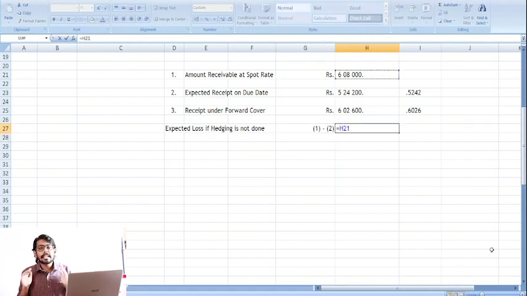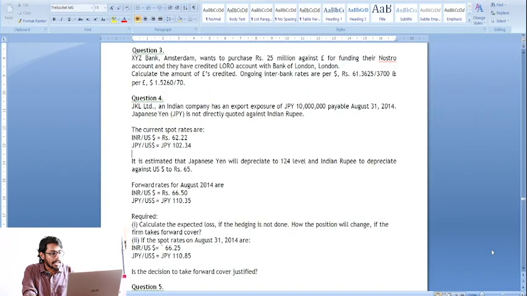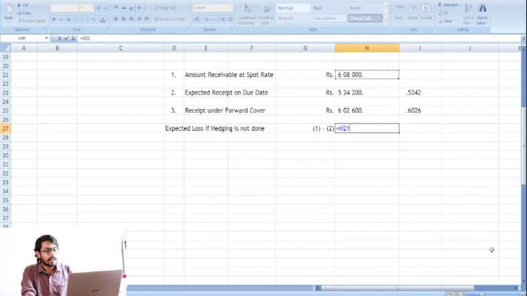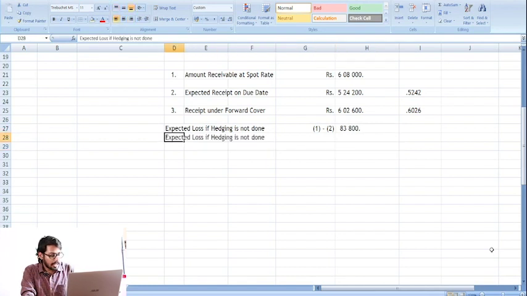You will account today's sales happening 10 lakh and today's spot rates are given below. So today you will make an accounting entry of sales of 6,08,000, but you are receiving only 5,24,200. You are expecting a loss of rupees, don't forget the rupee symbol, 83,800. Expected loss if hedging is done.